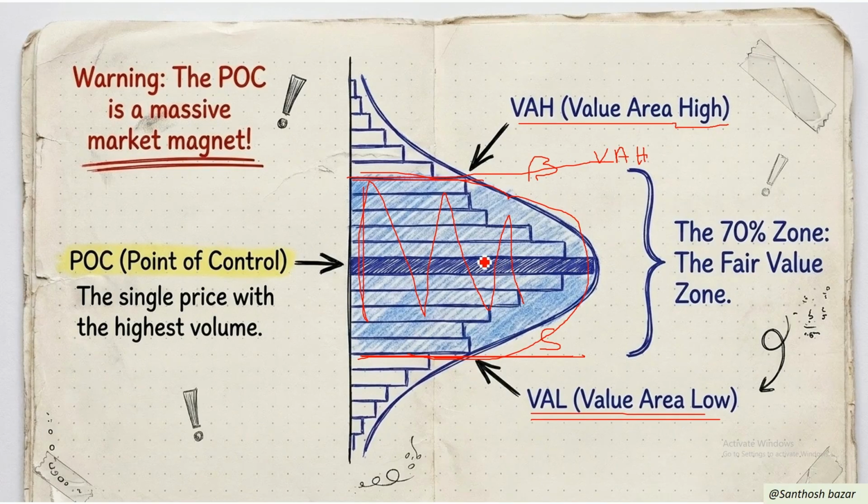So now, point of control. What do we mean by point of control? The big spike you are seeing here is called POC, point of control. This is the single price level with the highest volume traded.